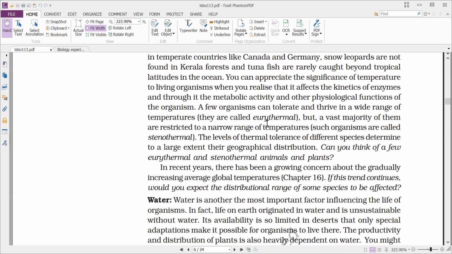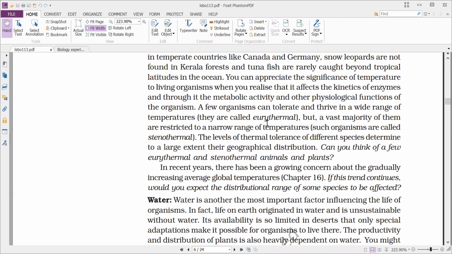Okay, and next, when you observe, some organisms can tolerate a wide range of temperatures, but some organisms cannot. They tolerate only a narrow range of temperature changes.